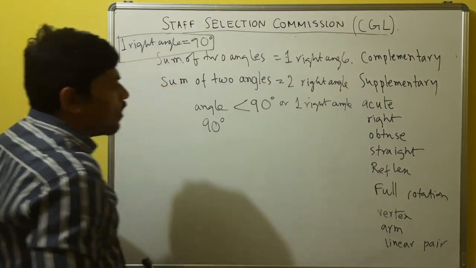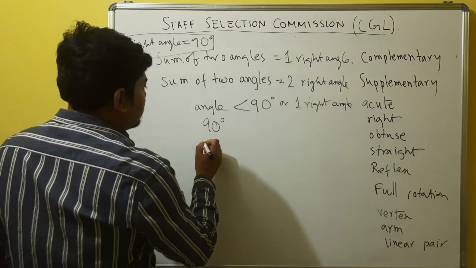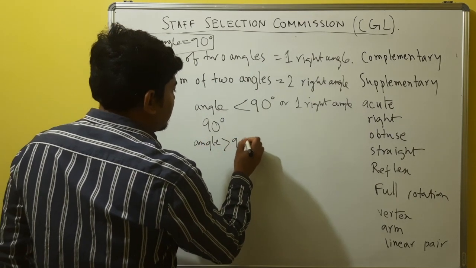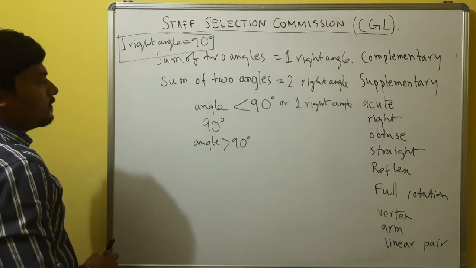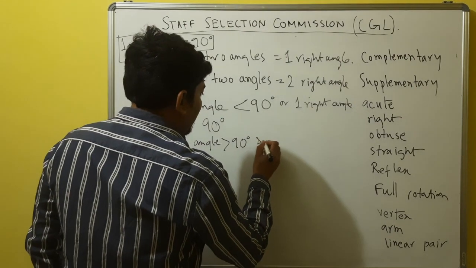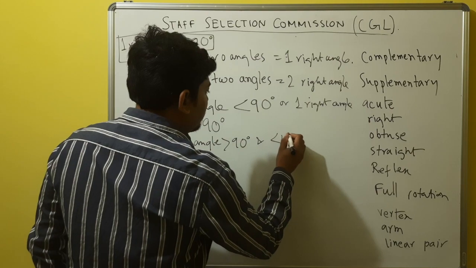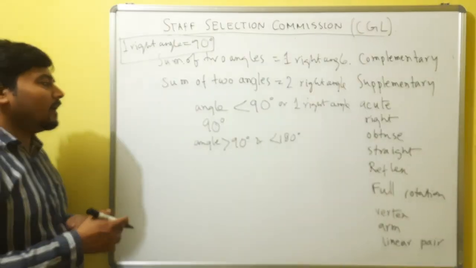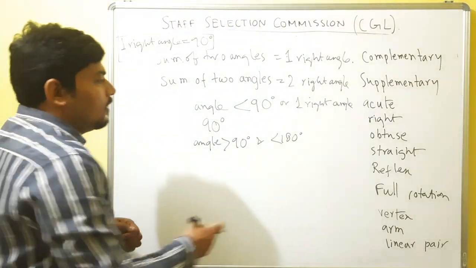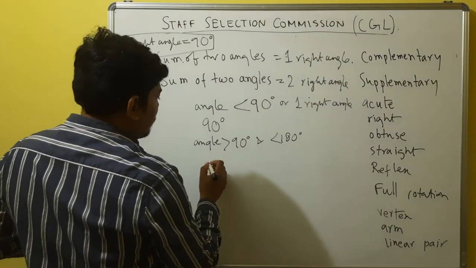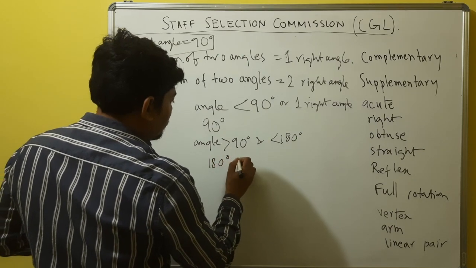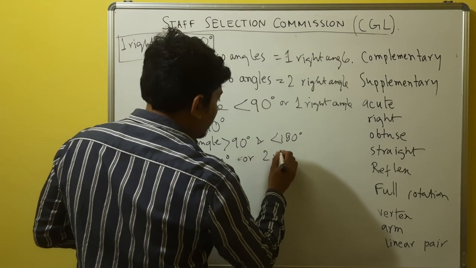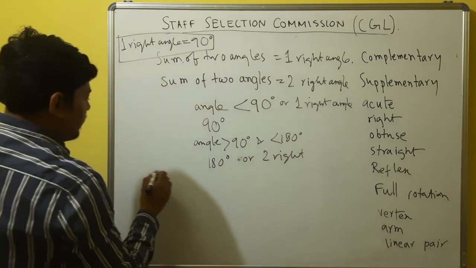What is an obtuse angle? An angle which is greater than 90 degrees, or one right angle, but less than 180 degrees, or two right angles. So an angle which is more than 90 degrees and less than 180 degrees is an obtuse angle. What is a straight angle? 180 degrees, or two right angles. This is very simple.